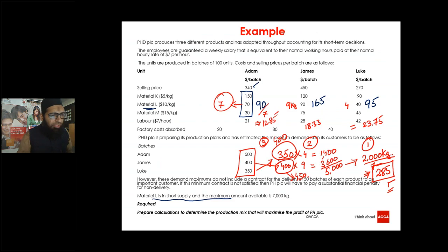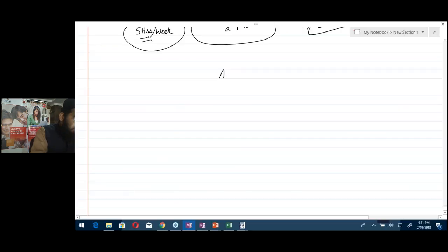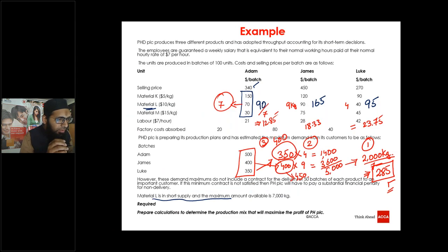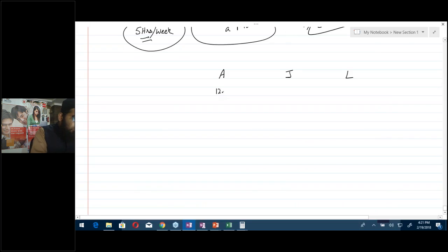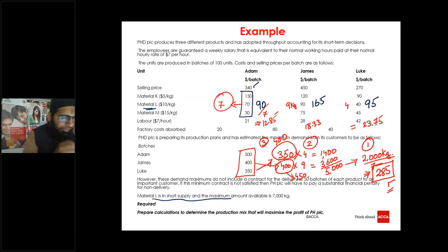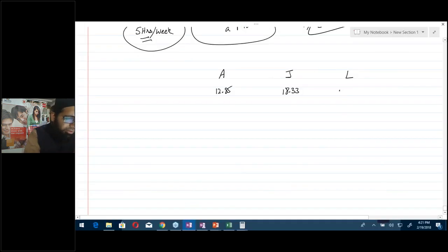So we have three products, A, J, and L. The throughput that we have calculated over here is throughput per kg, that is 12.85, 18.33, and 23.75.